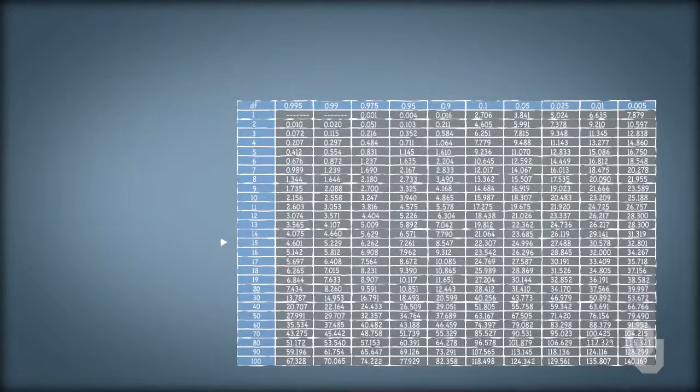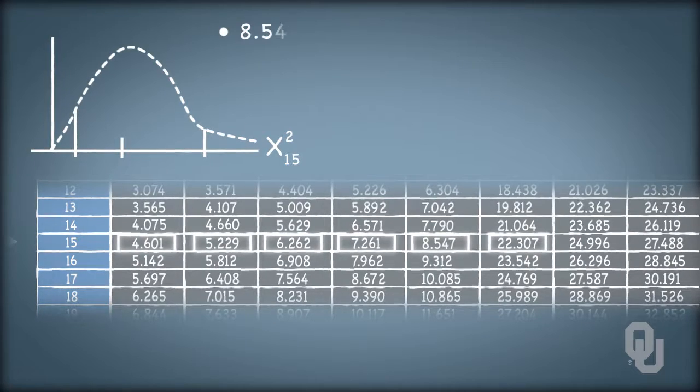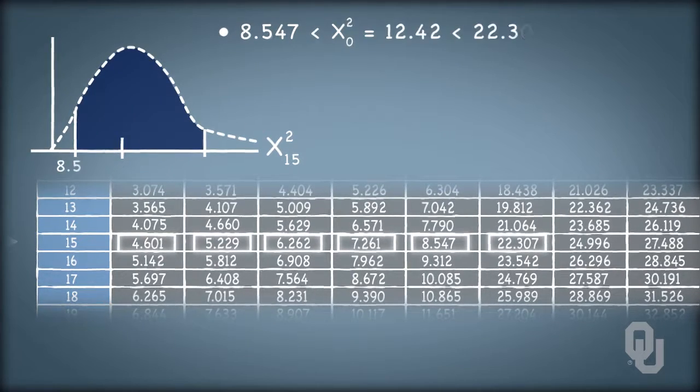We go across until we bound the value 12.42. We see 4.6, 5.23, 6.26, 7.26, and then a value of 8.55. Then the chi-square value jumps to 22.31. So the test statistic is bound between 8.55 and 22.31.